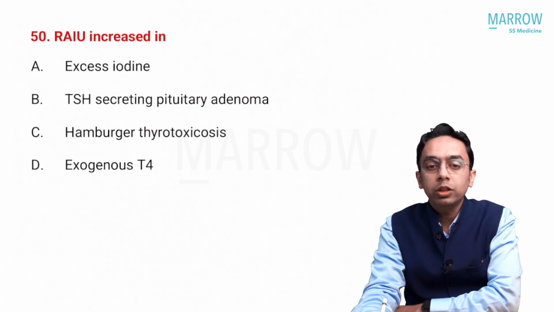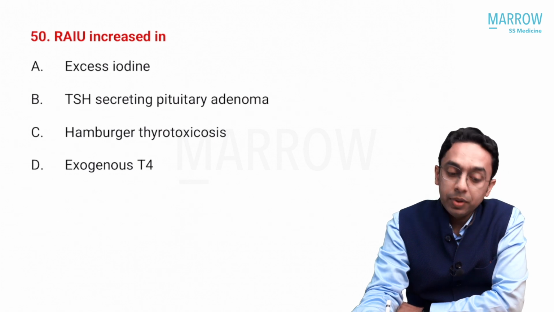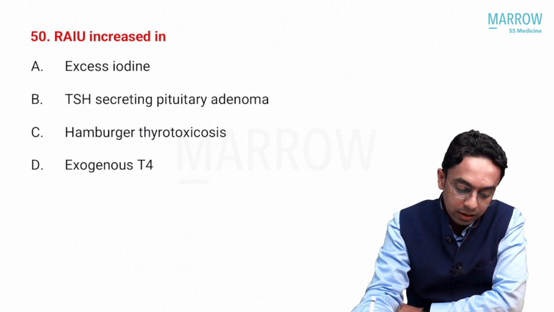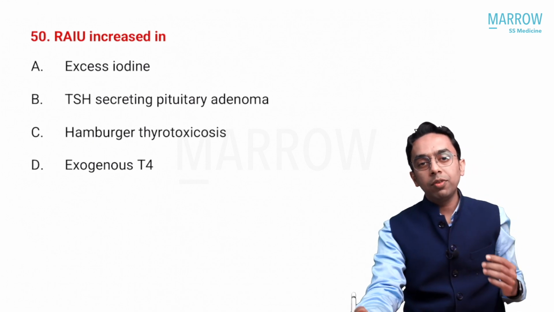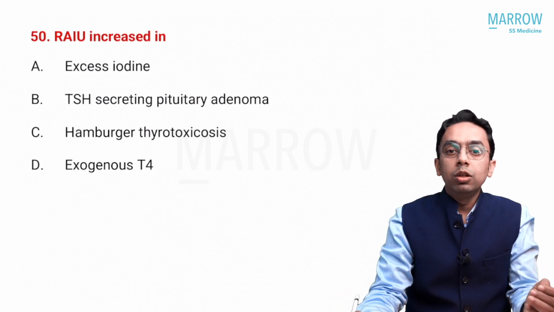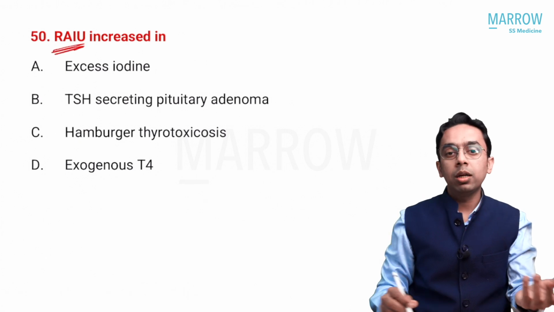Okay, coming to our last question of discussion. RAIU, radioiodine uptake, is increased with excess of iodine, TSH secreting pituitary adenoma, Hamburger thyrotoxicosis, or exogenous T4? So this is a very easy question. You just need to know the basics of what you are picking up in radioiodine uptake.